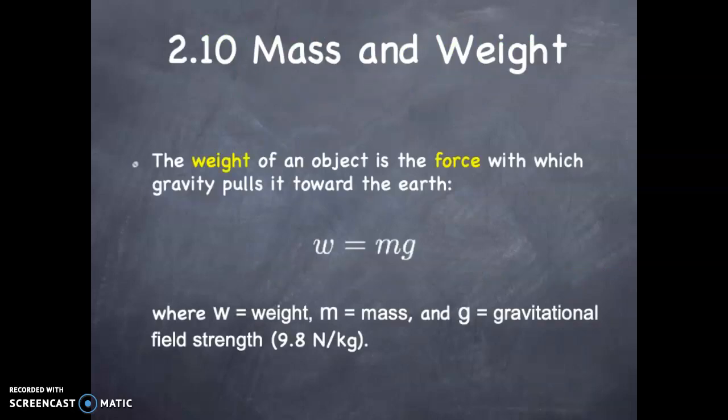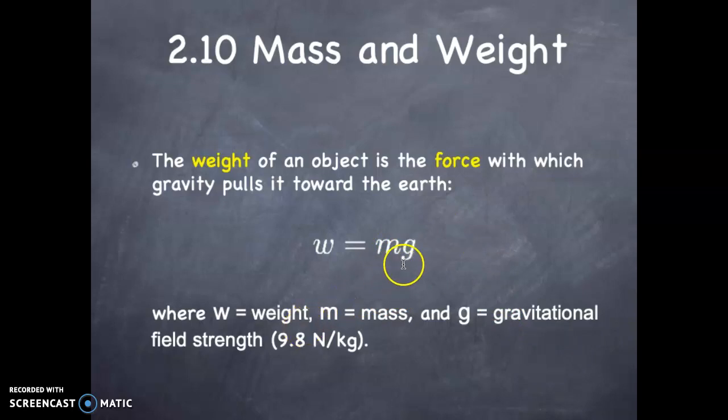Now, weight is another type of force. It is the force due to gravity. So the weight of an object is the force with which gravity pulls it towards the center of the Earth. And we use the formula now, as opposed to saying F equals mg, we say W equals mg: weight, mass, and g is the acceleration of gravity. So when it comes to gravity, a is already known.